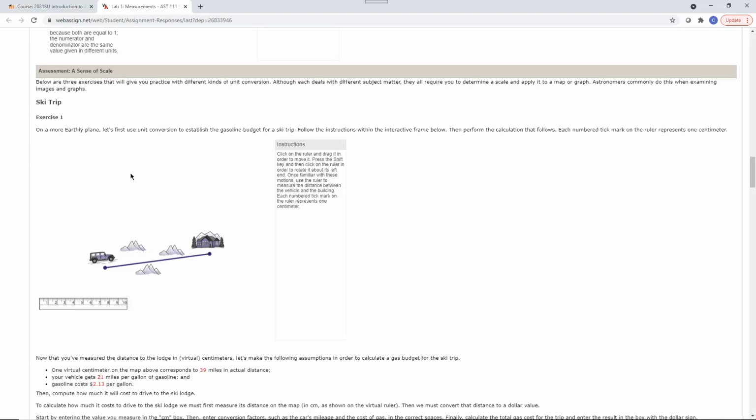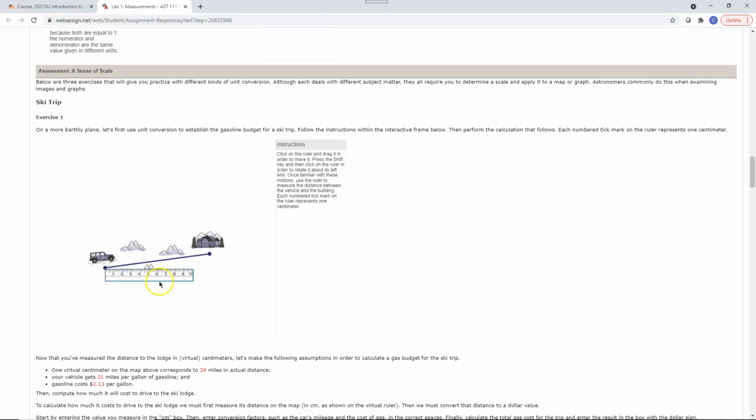Each numbered tick mark on the ruler represents 1 centimeter. So this is 1 centimeter, 2, 3, 4. And notice when I put my cursor over top of that, I get the move icon right here. What you want to do is take this icon here and drag it up there to the starting point right here.